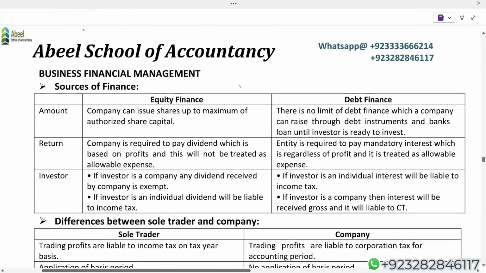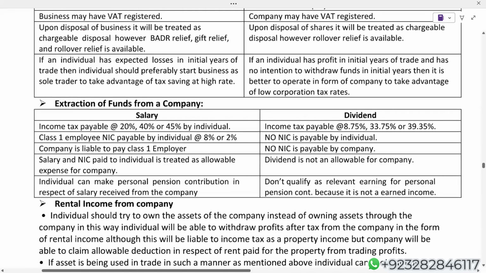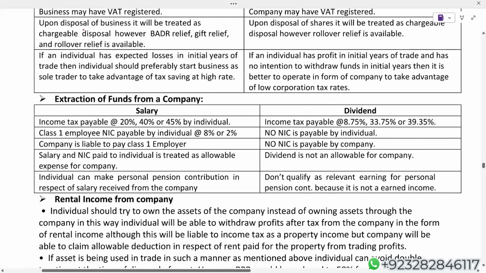As a student, you just have to read this once. Equity finance, debt finance, sole trader, company. If someone wants to extract funds from the company in the form of salary, what are the tax consequences? If someone is extracting the money in the form of dividend, what are the tax consequences?